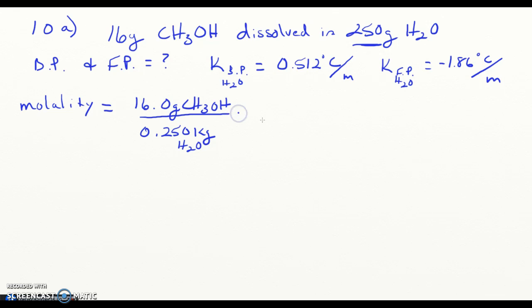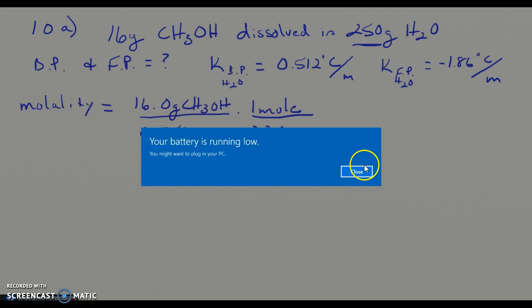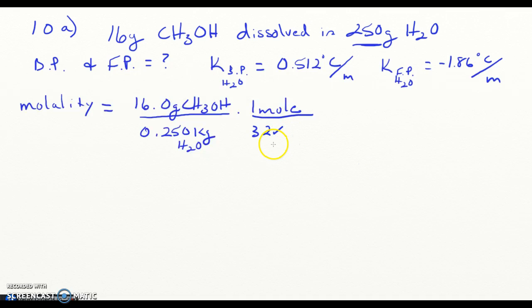And now I need to convert these grams to moles. 1 mole, and you said we need the molecular mass, so let's calculate it up really quick. There's 4 hydrogens at 1 each, and then there's 16 for oxygen, so that's 20, and then carbon is 12, so that should be 32. Oh, my battery's running low. 32.0 grams of the CH3OH.